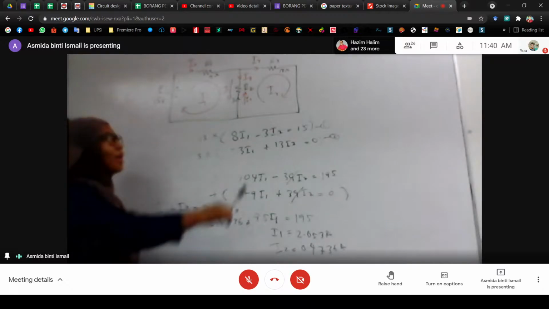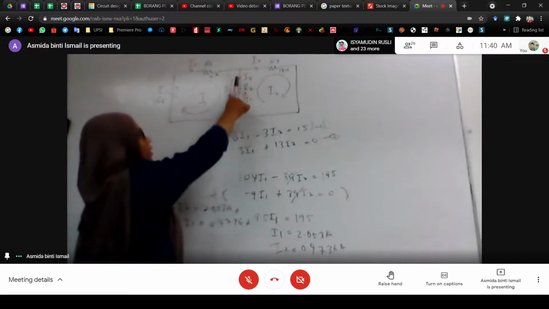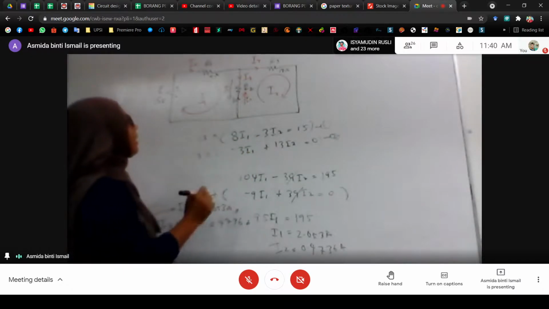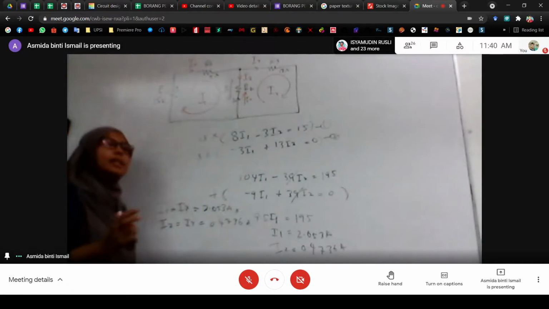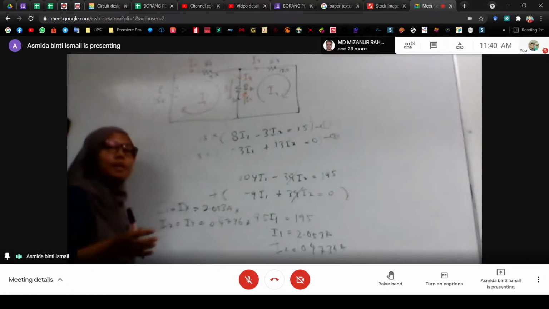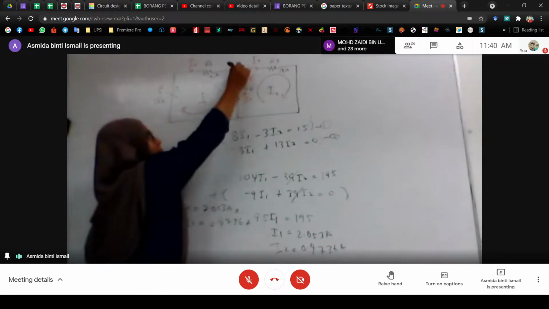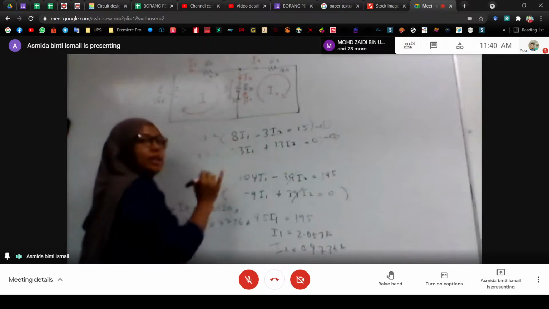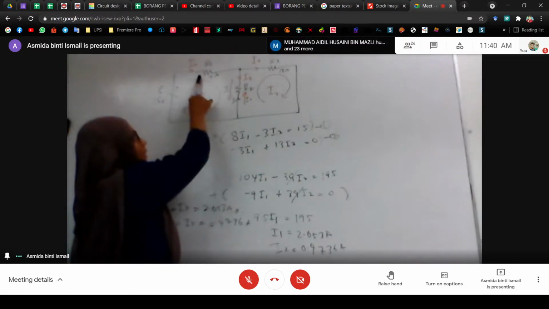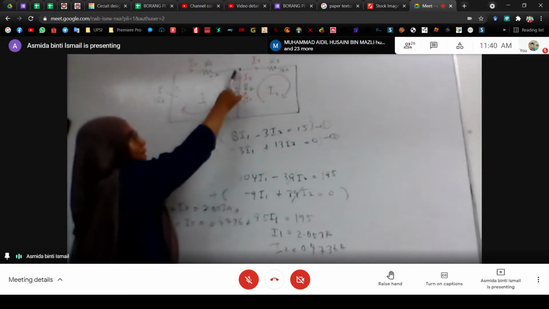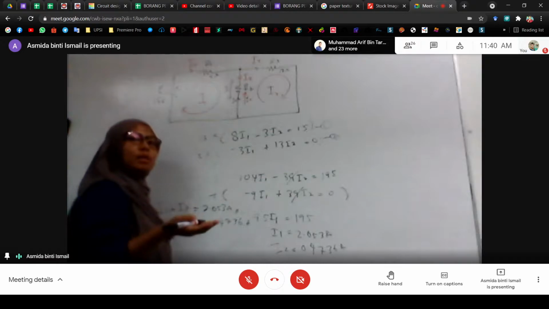And one more, Iz. For this Iz you can use Kirchhoff current law. You know that this is the node for this junction, so the value of the current entering the node is equal to the value of the current leaving the node.